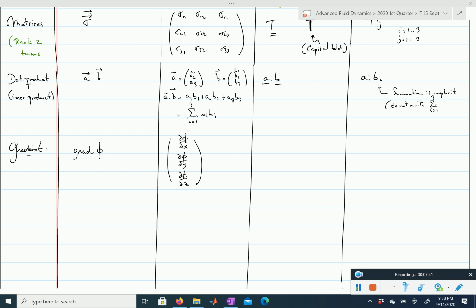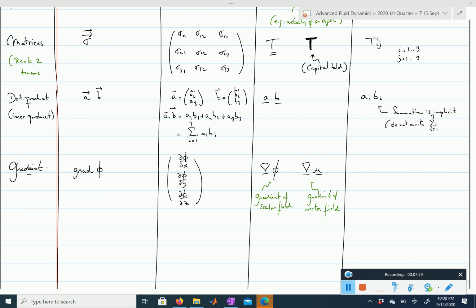In the class, I will use the nabla notation and write the gradient as nabla of phi, if this is the gradient of a scalar field, or for instance nabla of u, if this is the gradient of a vector field. And in index notation we simply write these as partial phi partial xi. Again, you have a single index here, and so it's implicit that i goes from 1 to 3, so this is a vector.